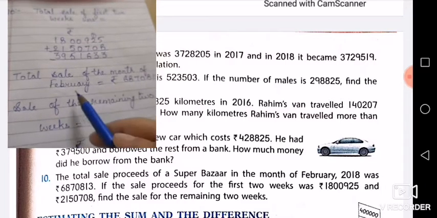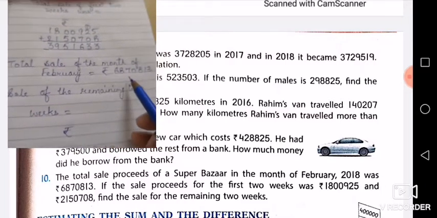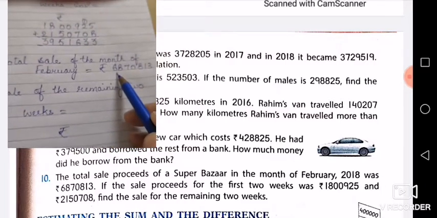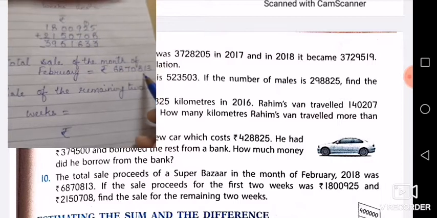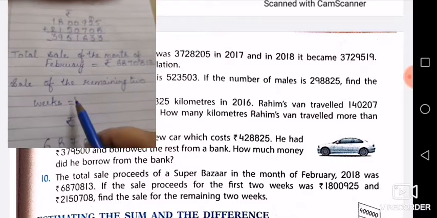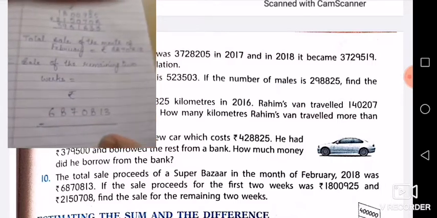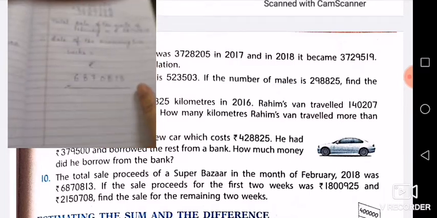Now total sale of the month of February. What is the total sale of the month of February given? 68,70,813. So sale of the remaining 2 weeks, how are you going to find it out?